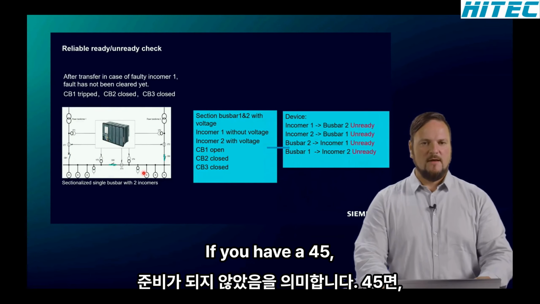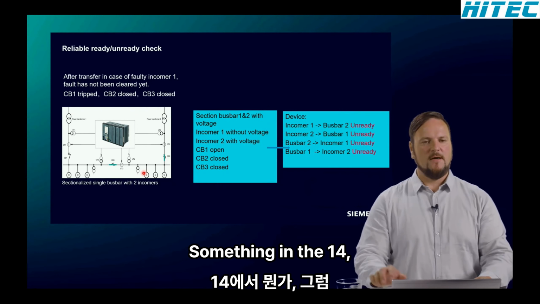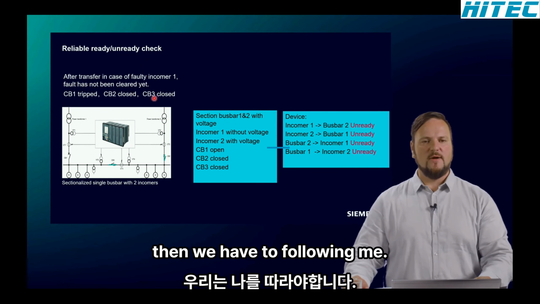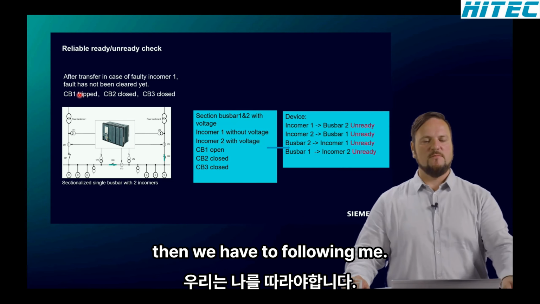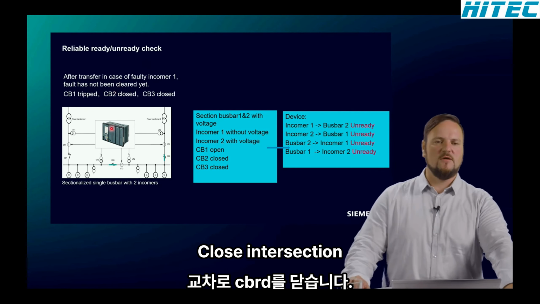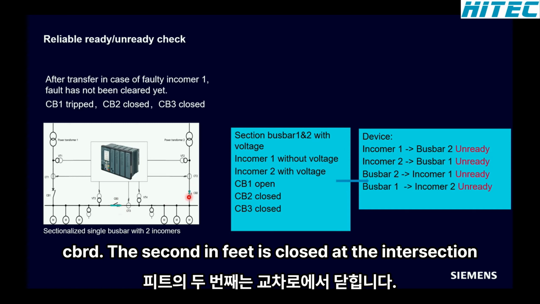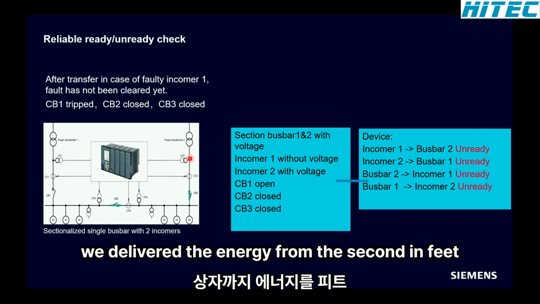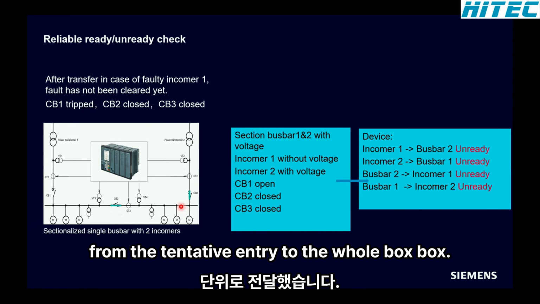So if we have a fault, for example, in infeed 1, then we have the following status. That means CB1 is tripped, CB2, the second infeed, is closed, and the intersection CB is closed as well. So that means we deliver the energy from the second infeed, the alternative infeed, to the whole busbar.